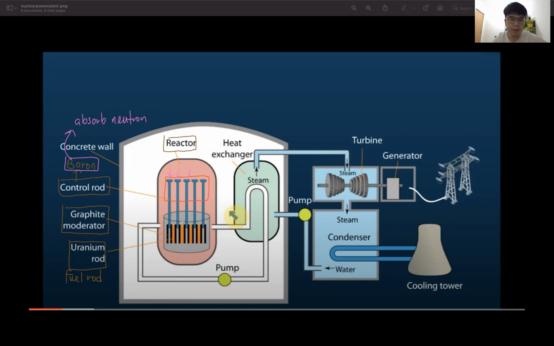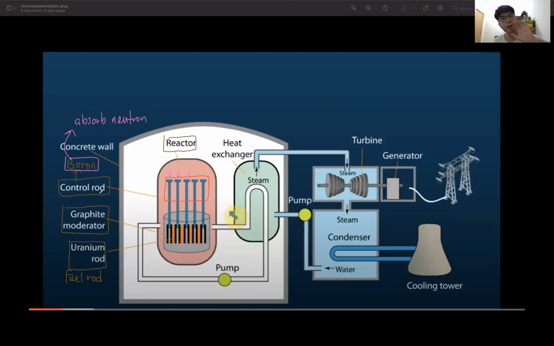Every single uranium rod is isolated when I drop the control rod. All the neutrons that are emitted will be absorbed by the control rod. Once they are absorbed, they are gone already. They cannot trigger another fission. That is how they control the nuclear fission.